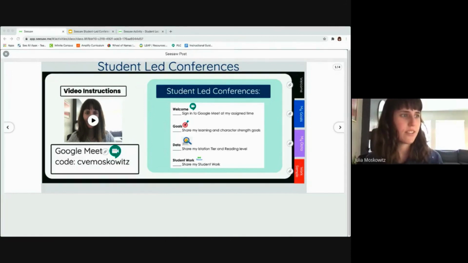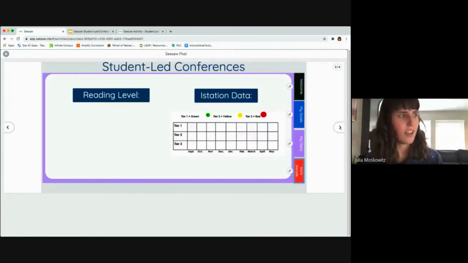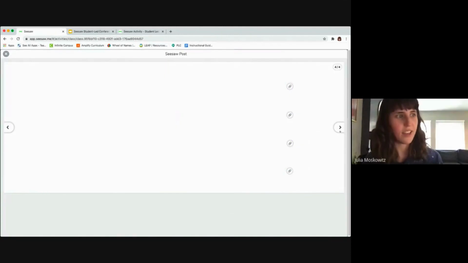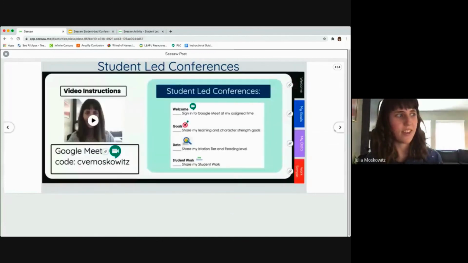So this is a Seesaw protocol example that I've shared in the chat, and what it could look like. It's editable. I think that you could change it depending on your grade level. I think with fifth graders, we've had them actually have a script and they lead everything. It could look different depending on the student too.